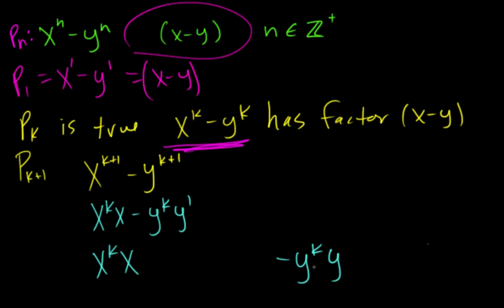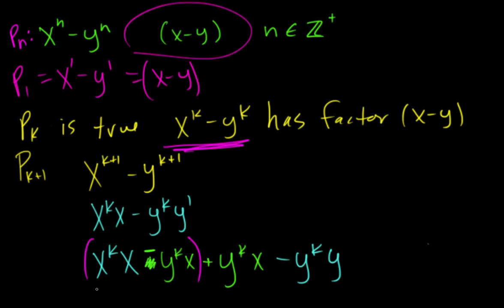So that blue stuff is the same blue stuff. But what I'm also going to do is add y to the k x, and then subtract y to the k x. Now the reason I did that is because now I can group these together. Oh, whoops, that's not the order I want. I want to switch the order. I want this to be the minus and this to be the plus.